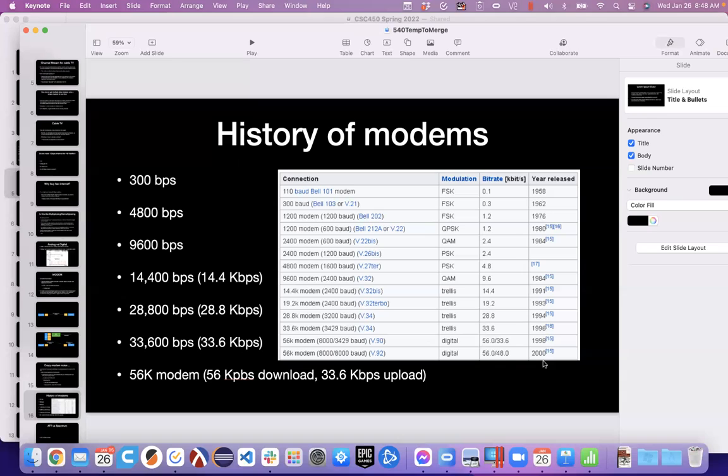We were probably transitioning. You probably started seeing alternative ways of connecting to the internet pop up around the 33.6 modem time period, but it wasn't available to everybody. So kind of late-ish 90s. That's when you first started seeing cable modems and DSL pop up, and we'll talk about those here in a minute.